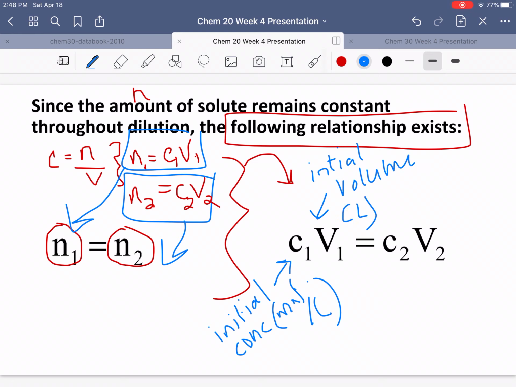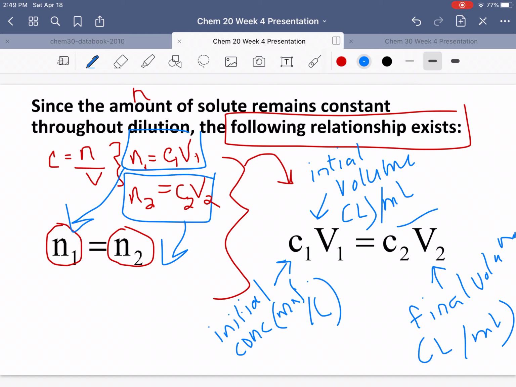It could be in milliliters too, but make sure that whatever V1 is, V2 is consistent, so the final volume is in the same units, liters or mLs. Just stay consistent. C2 is going to be our final concentration, and again, moles per liter.